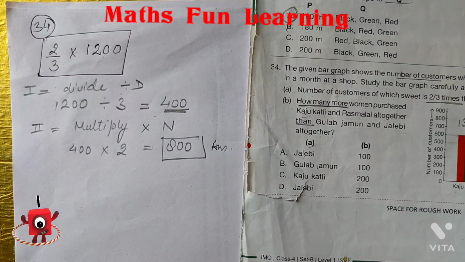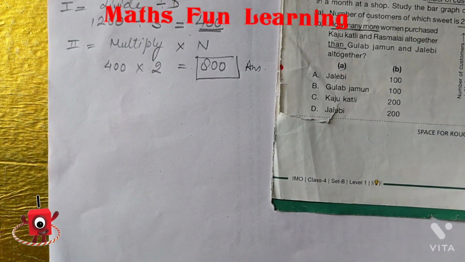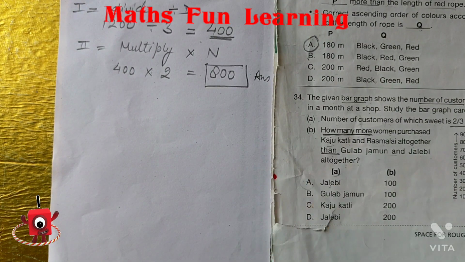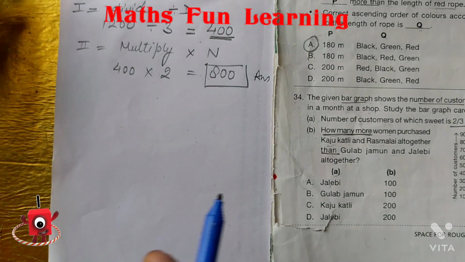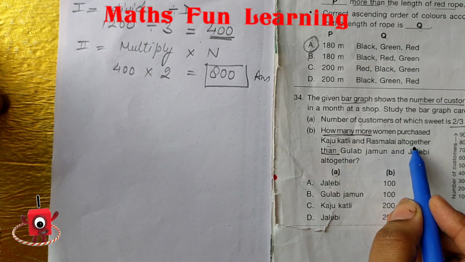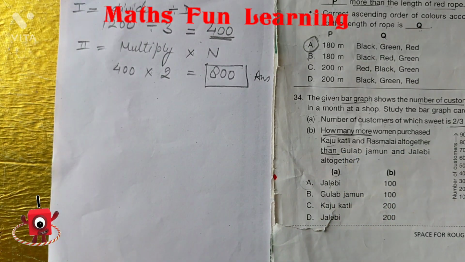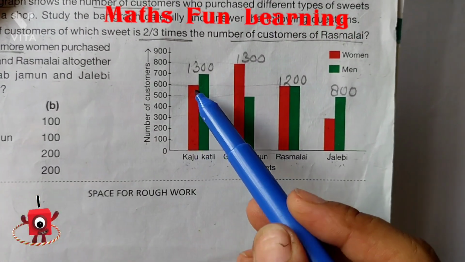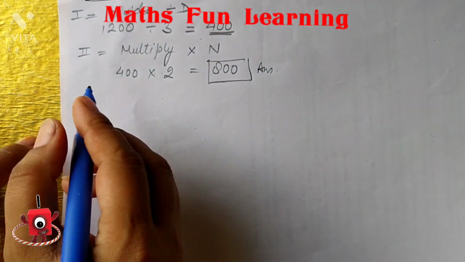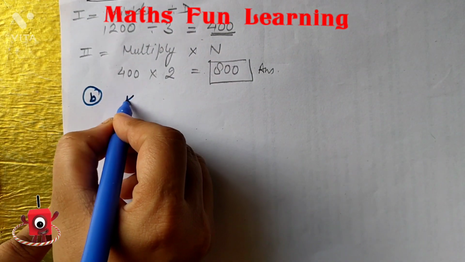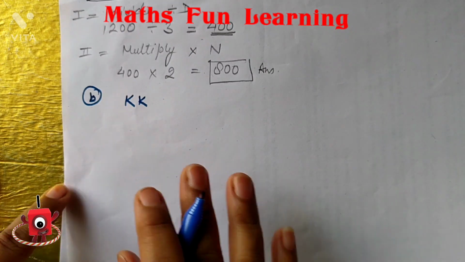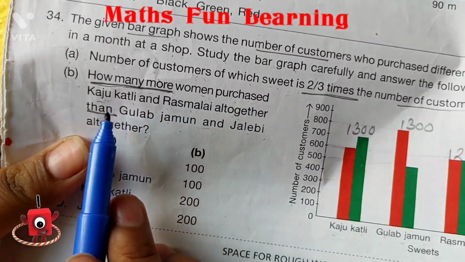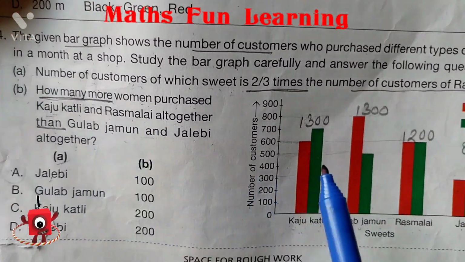Because you have to study it properly. So Kaju Katli and Rasmalai all together means you have to count the women of Kaju Katli and Rasmalai. I'm just writing here the B part. Only women are added, because it's written how many women purchased Kaju Katli and Rasmalai.